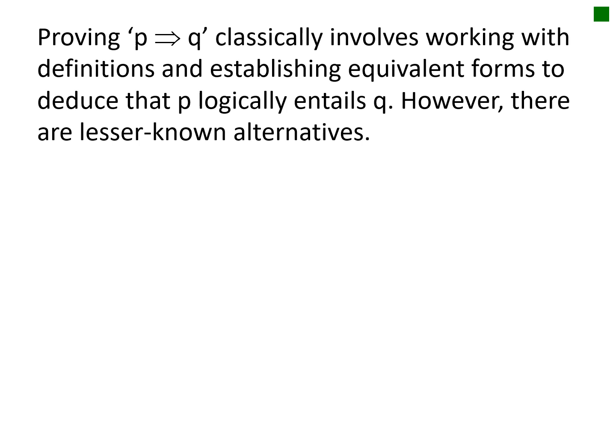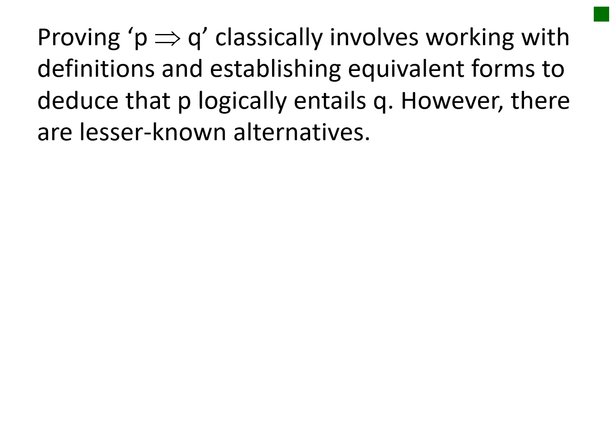Well, you work with definitions or transpose to establish equivalent forms from the left-hand side to show that the truth of P logically entails the truth of Q. Somehow you manage to transform the left-hand side into the right-hand side to show that it logically entails what you're trying to prove, which is Q, from a basis of P. All right, so that's direct proof.